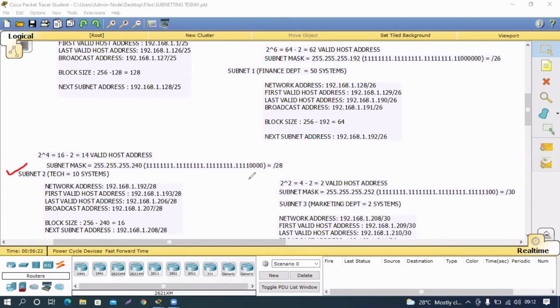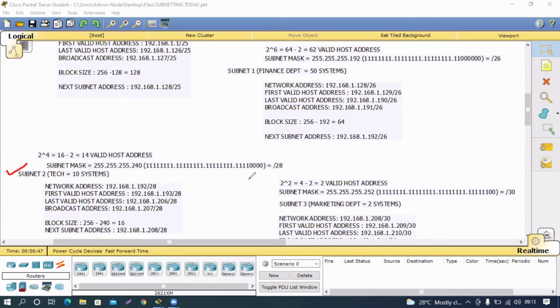Okay, sir. In subnet 2, we are having 10 systems, so we have to find the value which is bigger than 10. As we know, 2 to the power 4 is 16, so it meets our requirement. To find the valid host addresses, we subtract 2, so the total valid addresses will be 14.